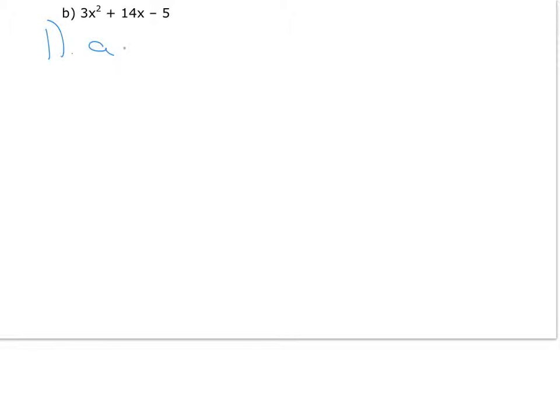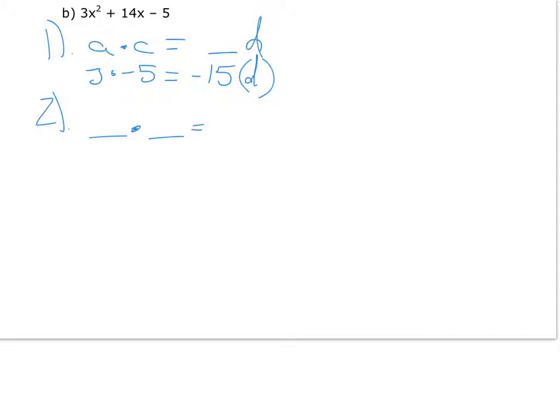So step 1 is a times c, and again, I don't anticipate that this is where you guys get lost. A times c, 3 times -5 gives me -15, and that's my value for d. Step 2, we're going to say blank times blank is equal to d, and blank plus blank is equal to our value for b.